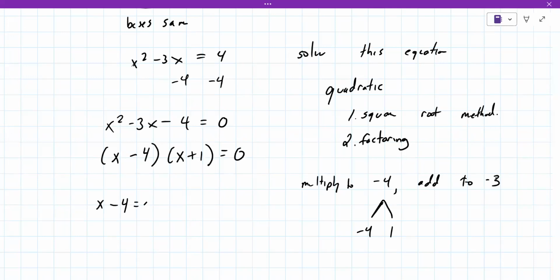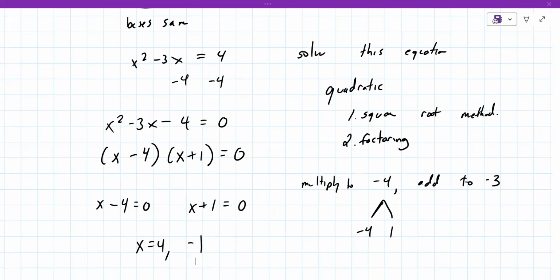X minus 4 equal to 0, x plus 1 equal to 0. What are the x values when you solve for x? X equals 4 and -1. Very good. So there's actually two answers in this problem. That's totally okay.